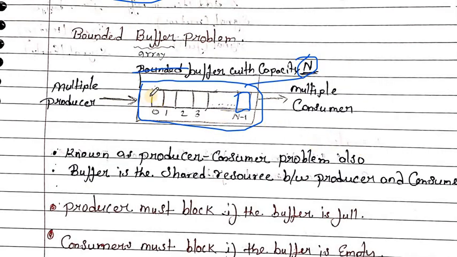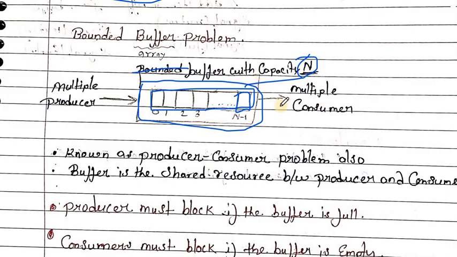If the array becomes full, then the producer must be blocked, because the buffer is full and no further insertion of values is allowed. In the other case, if the array is empty, the consumer must be blocked, because if the array is empty, no consumer can consume any value from the array.